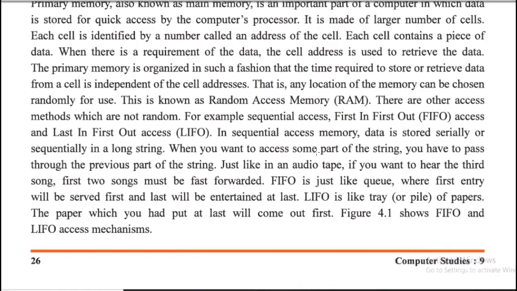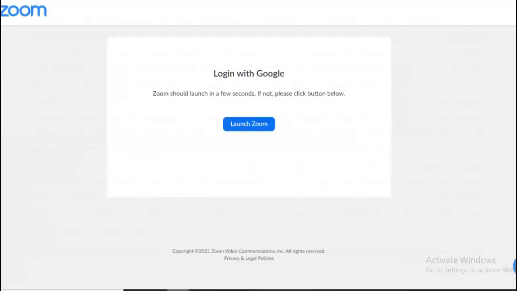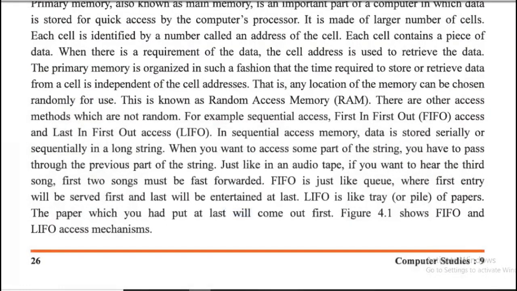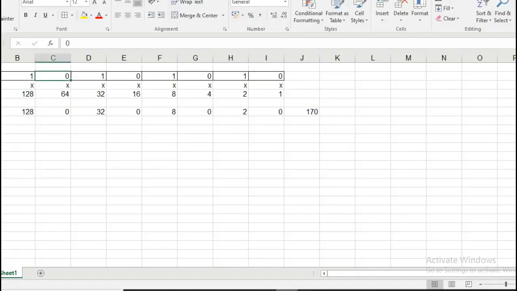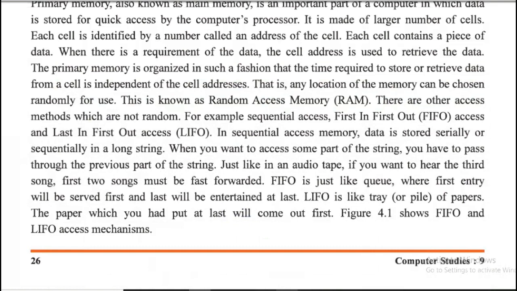Now, how does this primary memory read data? Because at a time I am doing many things, like this is one file I have opened, then I go into Google Chrome, then I open Excel. So when there are many process requests, at that time there is one rule, that is FIFO, first in first out.